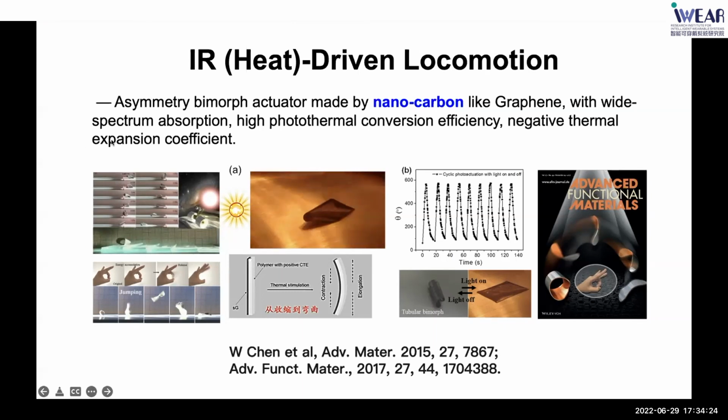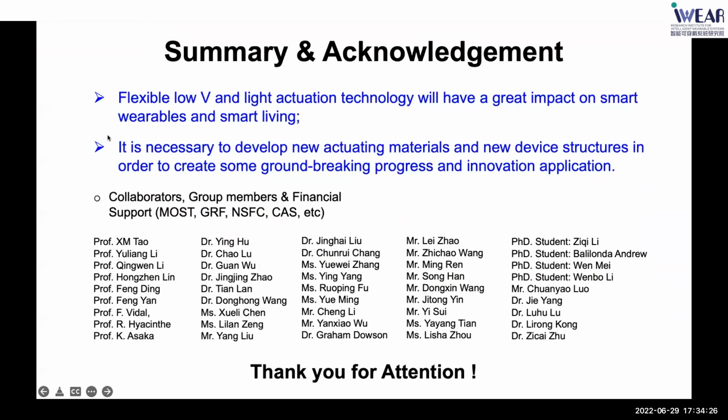Okay, I think that's all for my talk today. For a short summary, we think these two kinds of actuators, the electrical low-voltage driven actuators and the visible light actuation technologies, will have great impact on smart wearables and smart living applications.